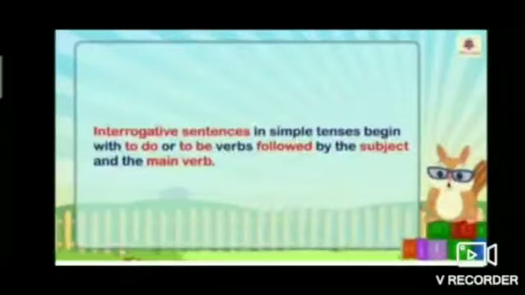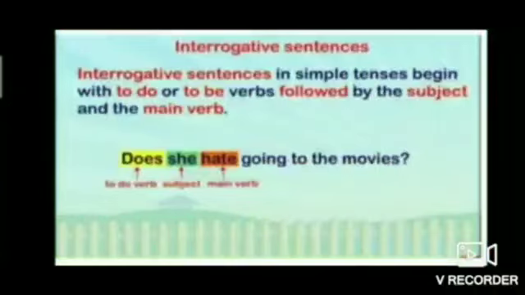For example, does she hate going to the movies? Here, the sentence begins with the to do verb does, followed by the subject she and the main verb hate. Okay students?